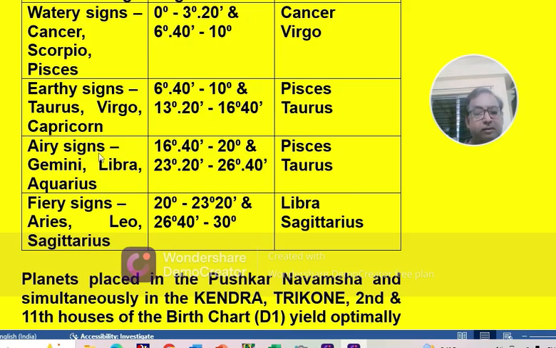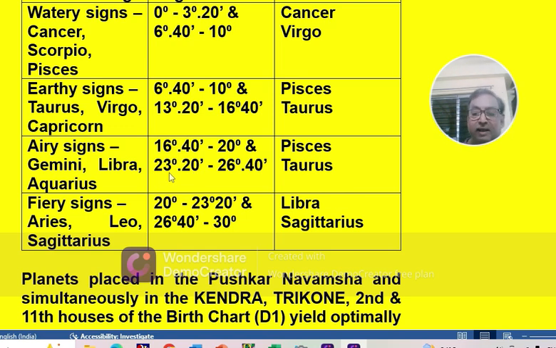When a planet is between 16 degree 40 minute and 20 degrees, then this planet will go to the Pisces Navamsha ruled by Jupiter.